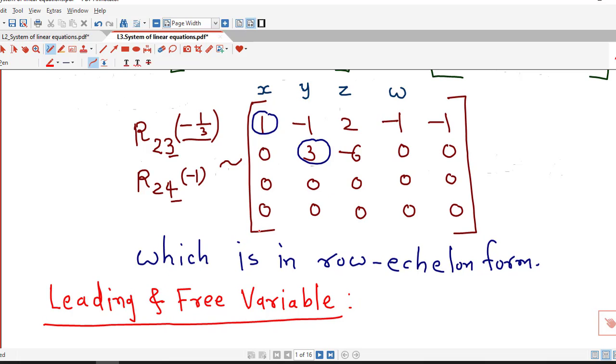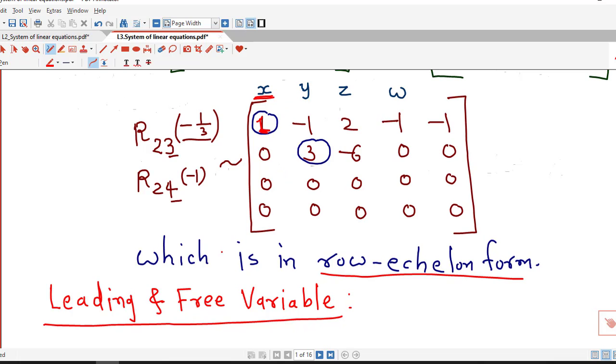So the leading variable means the variables corresponding to first non-zero entry in row echelon form. This is the row echelon form of augmented matrix. So this is the first non-zero entry of first row, and it corresponds to variable x.